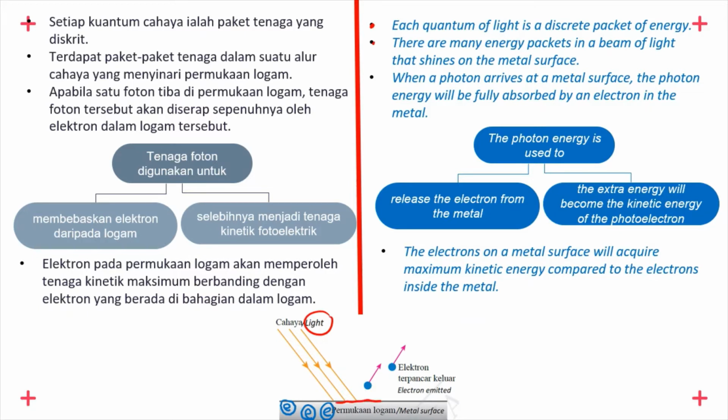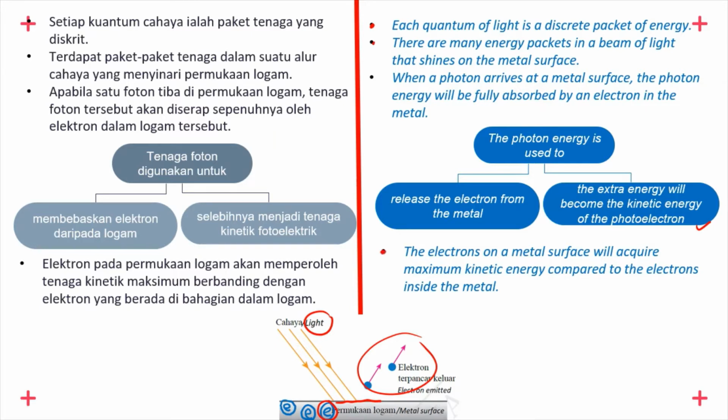When a photon arrives at a metal surface, the photon energy will be fully absorbed by an electron in the metal. The photon energy is used to release the electron from the metal, while the extra energy will become the kinetic energy of the photoelectron.